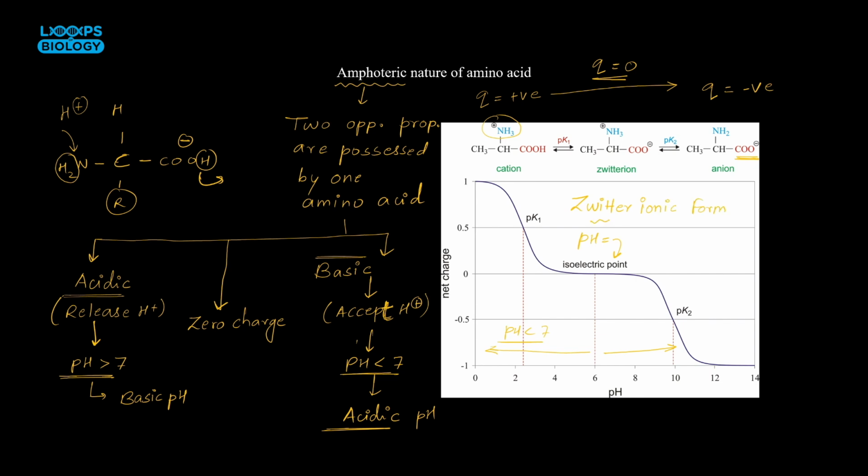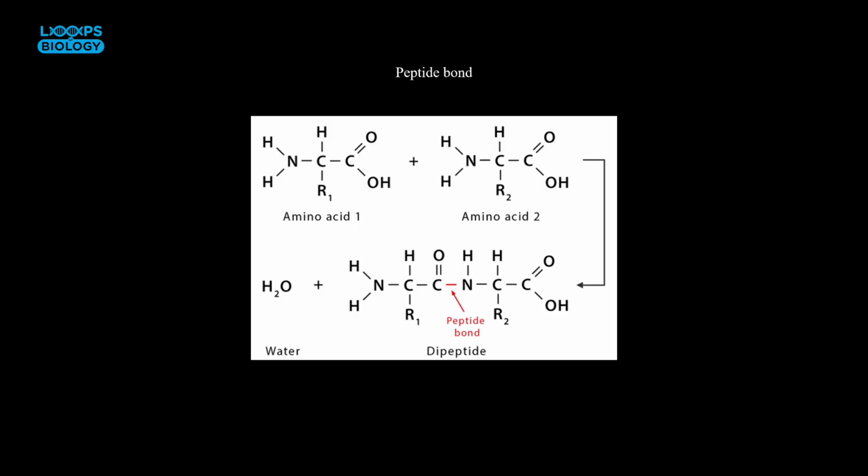Now this Zwitter ionic form means the amino acid possesses positive as well as negative charge, but due to the equal magnitude, the complete charge on amino acid becomes 0. So this is nothing but your amphoteric nature of amino acid. Very, very important whenever we are talking about stability of protein and the working of enzymes.